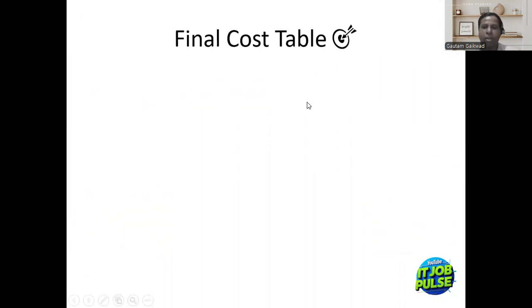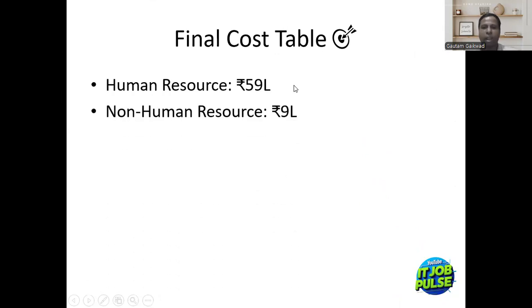So the final cost table. There we have seen some surprises. Human resource, we already calculated, and it was a common thing. We also calculated non-human resource, that is 9 lakh. Then contingency reserve 7 lakh. This was known risk.